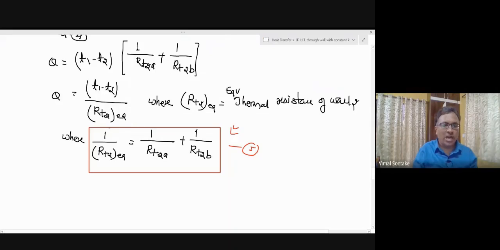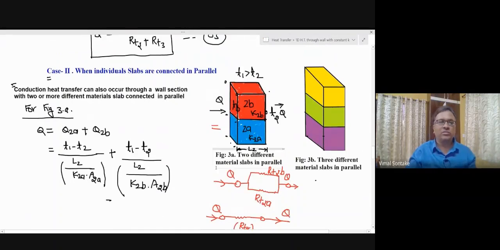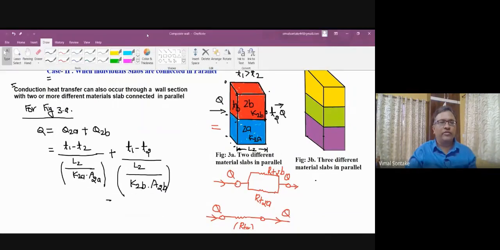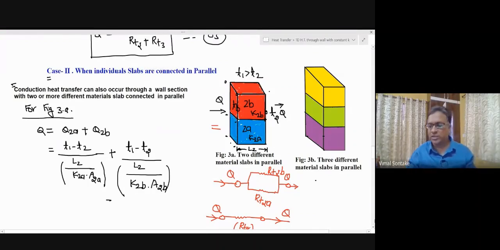So 1 upon RT2 equivalent is the thermal resistance of wall 2, made up of materials 2A and 2B, having thermal resistance RT2A and RT2B. Okay. Similarly, I can find out if the wall is made up of 3 or 4 materials.